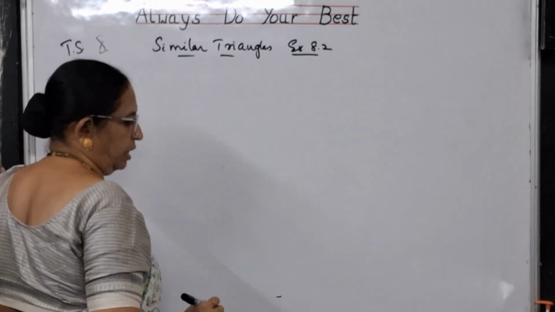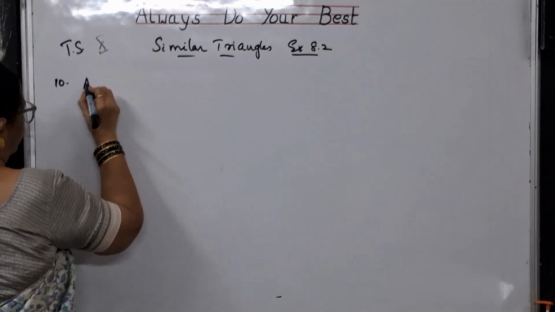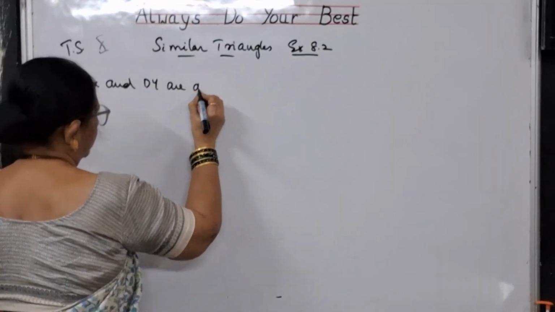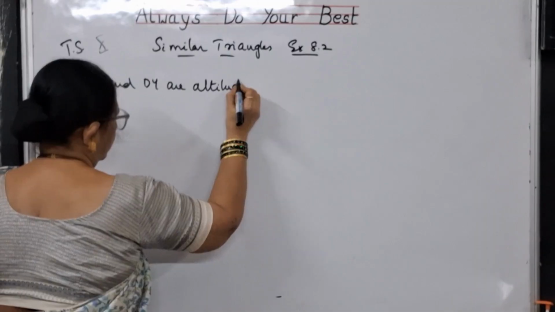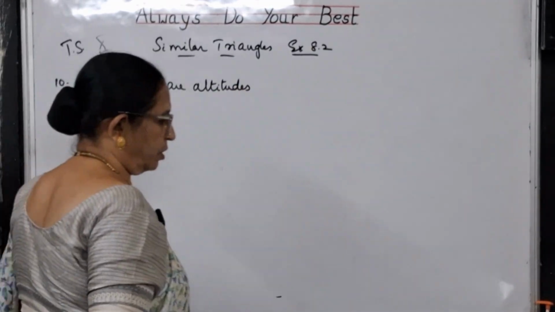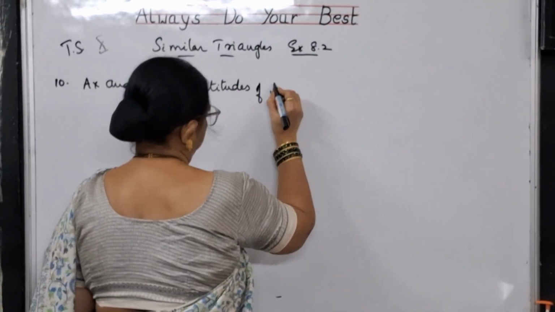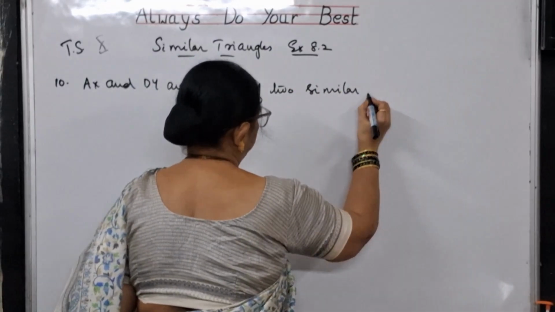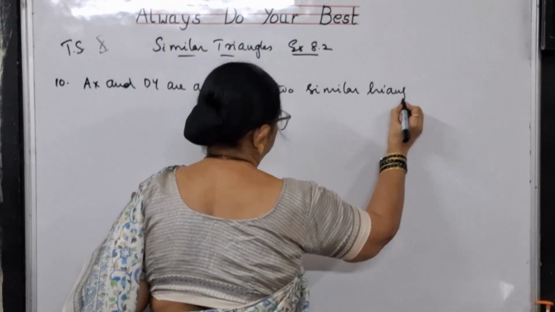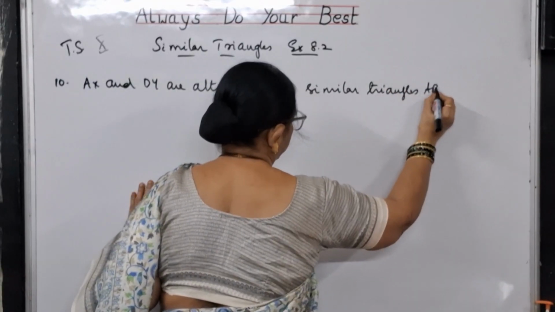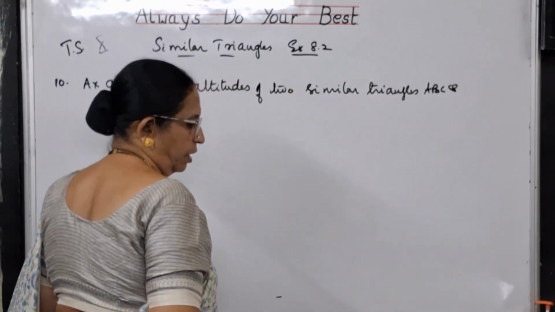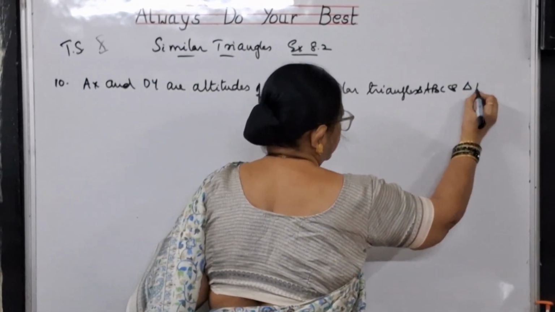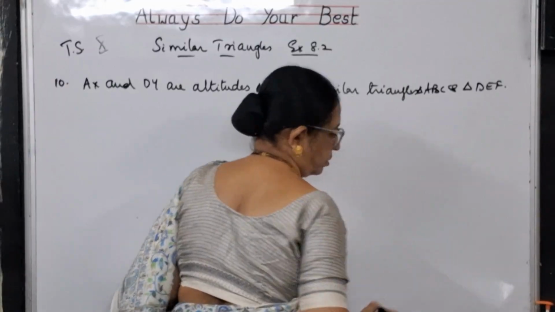Tenth bit. AX and DY are altitudes of two similar triangles ABC and DEF.